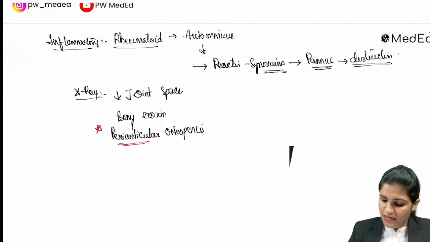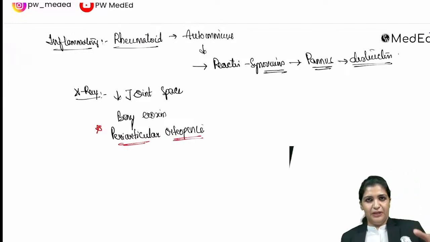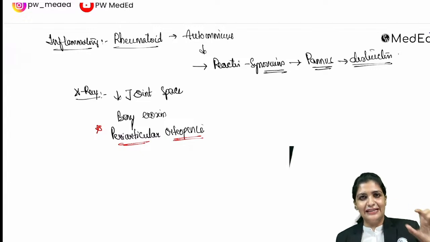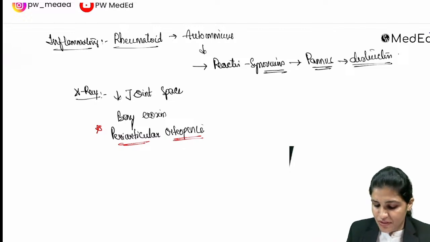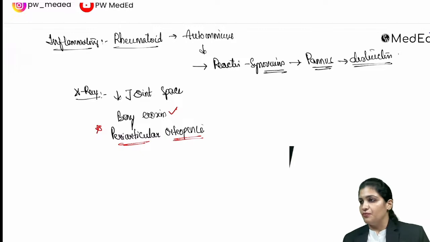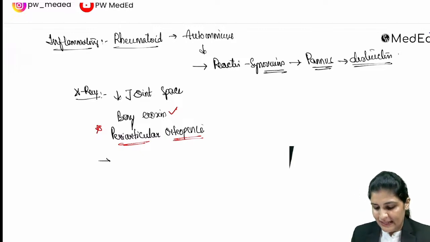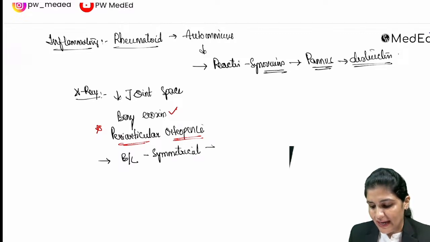Periarticular osteopenia means around the joints there is a decrease in the density of the bone. One more important thing to remember is that it is usually bilateral and symmetrical, and the deformities are mostly seen in the hands.